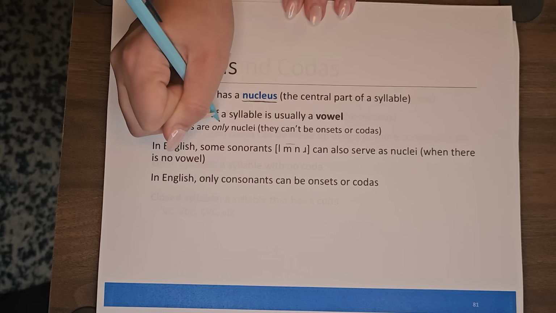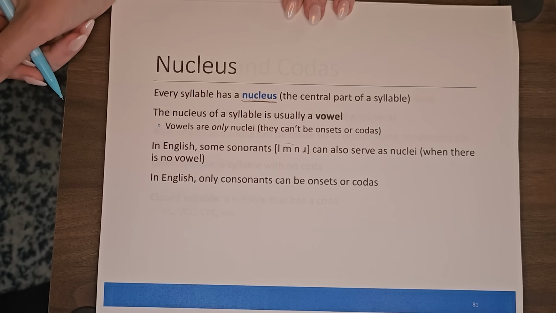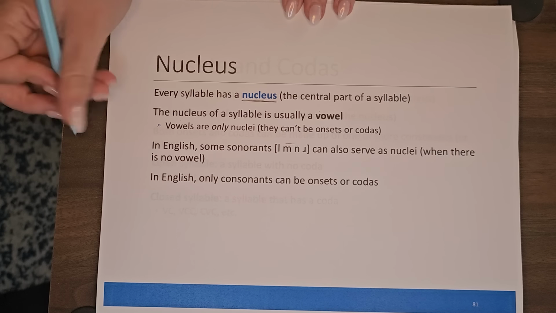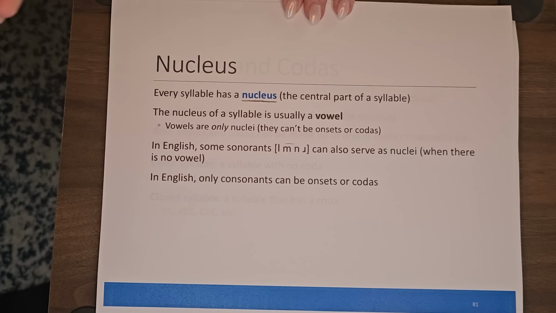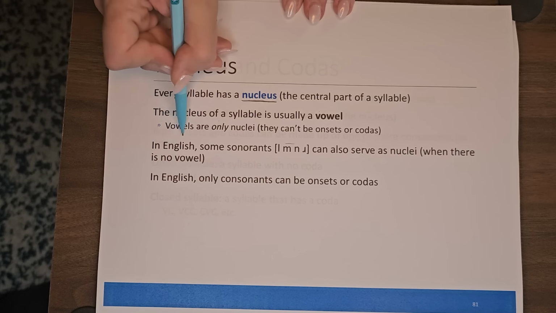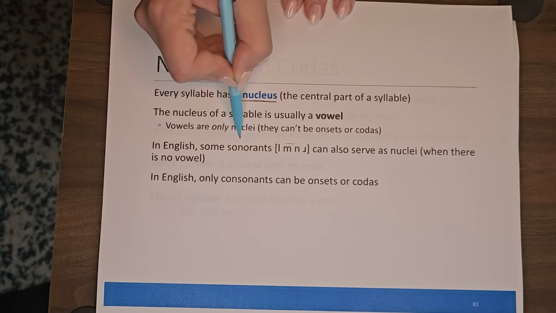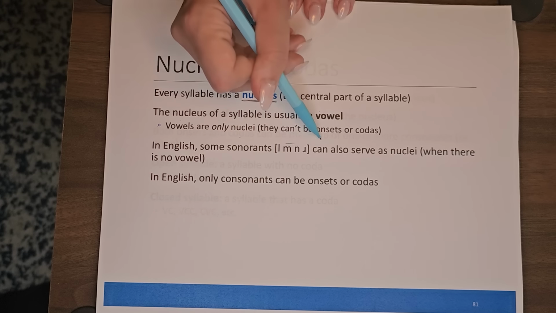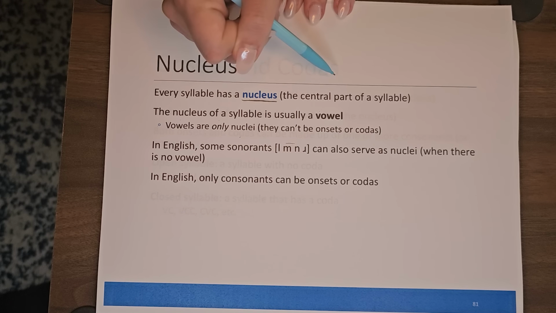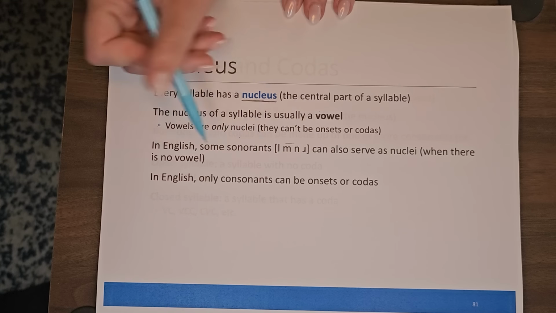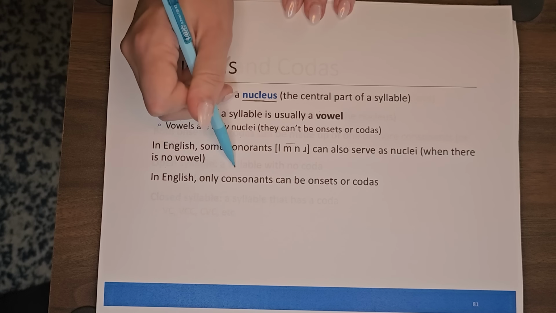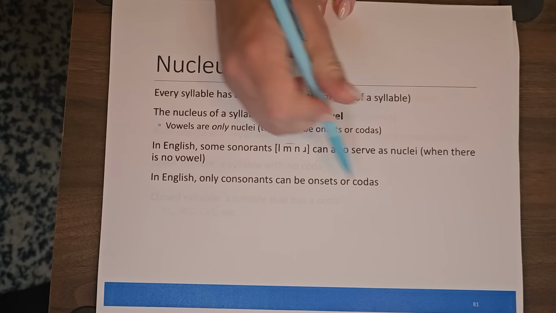They can't be onsets or codas, whereas some consonants can be either a nucleus or an onset or a coda. In English, a few sonorant sounds can also serve as nuclei when there is no vowel. And in English, only consonants can be onsets or codas.